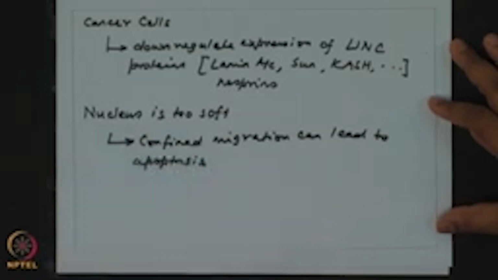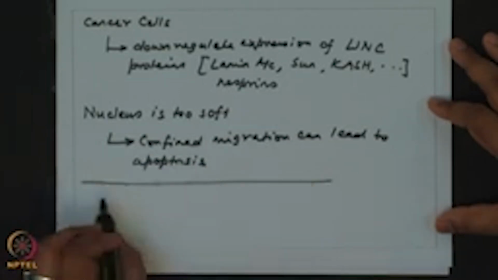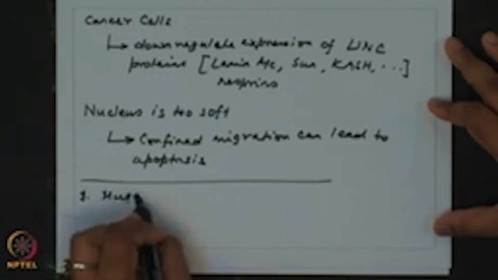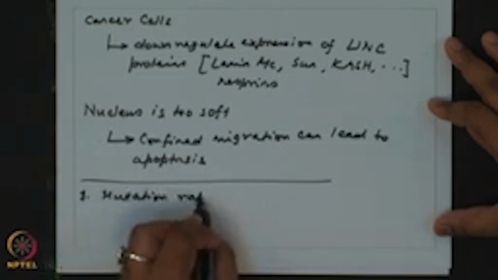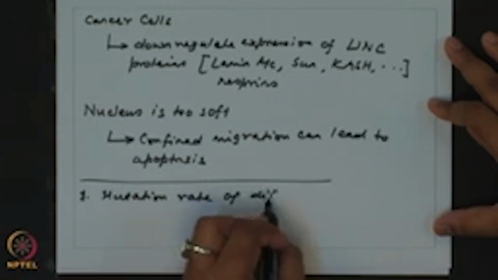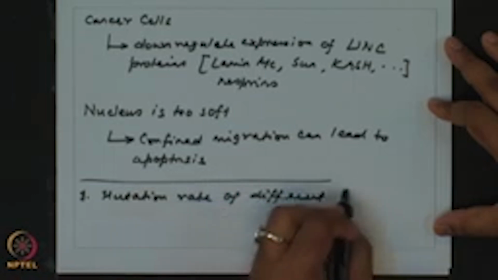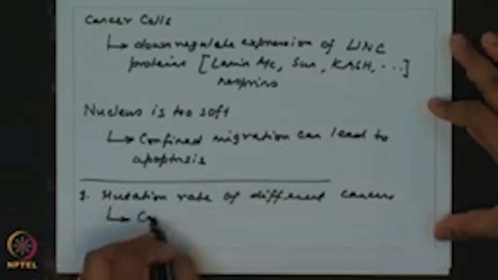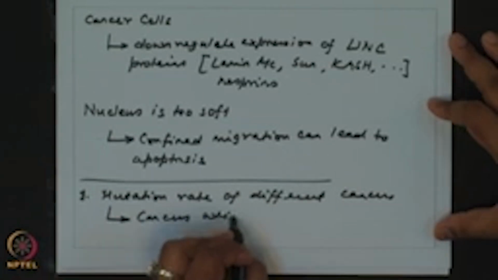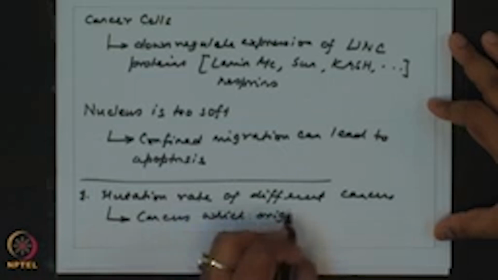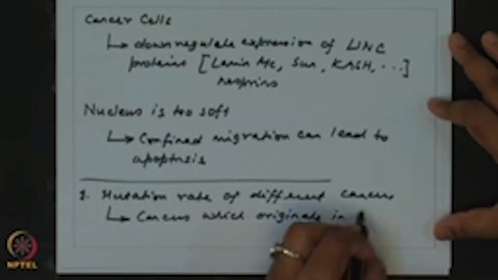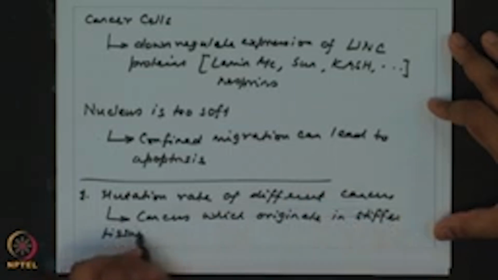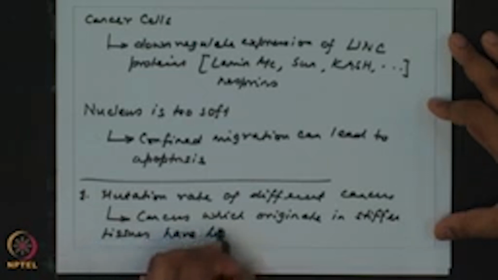There has been another finding: if you compare the mutation rate of different cancers, cancers which originate in stiffer tissues like bone have higher rates of mutation.